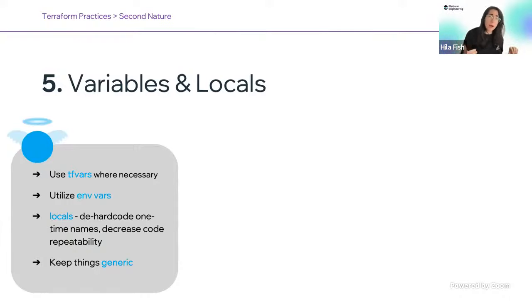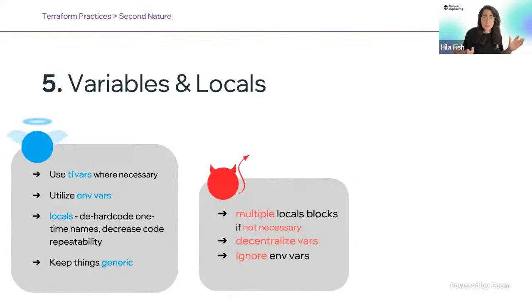Use locals to hard code one-time names and decrease code repeatability, and just have a notion of keeping things as generic as possible. The bad thing is that Terraform allows multiple locals blocks. So don't use it if you don't really have to, because then maybe people will put it in different files and then it will be very hard to track and maintain. So if you don't have to do it, avoid that.